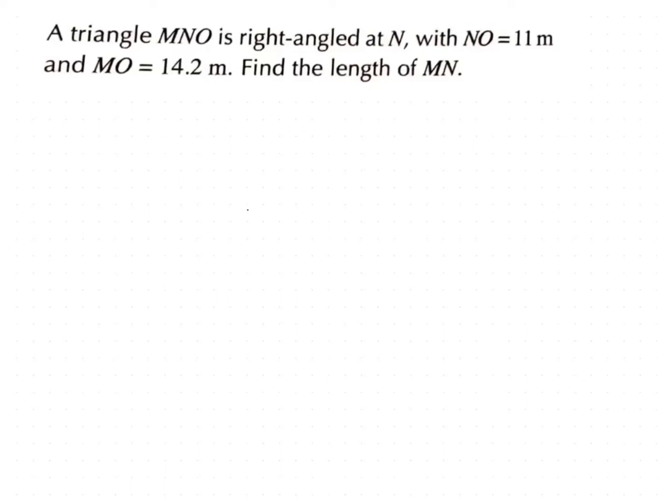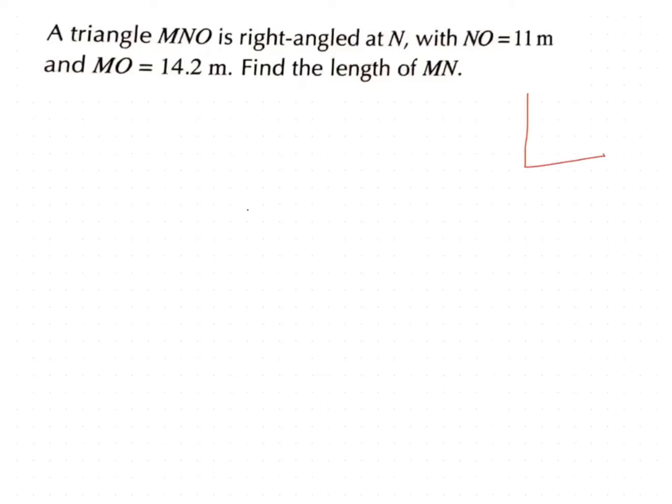Here is our question number 3. It says a triangle MNO is right angled at N with NO equals 11 centimeter and MO equals 14.2 centimeter. Find the length of MN. The triangle is not given here, so for our ease, we have to draw a right angle triangle. It's up to us.